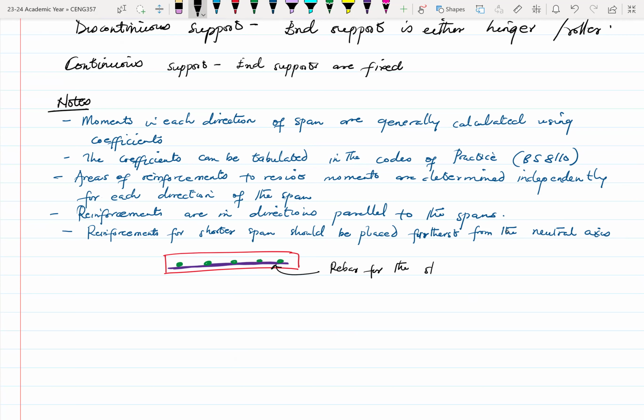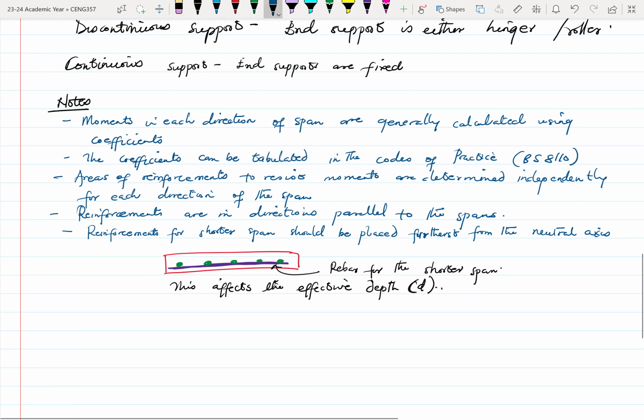Okay. And this affects the D value, so this affects the effective depth. Bracket D, which we have come across several times.